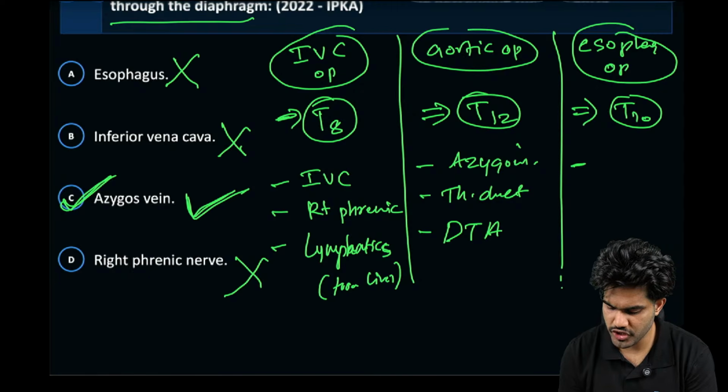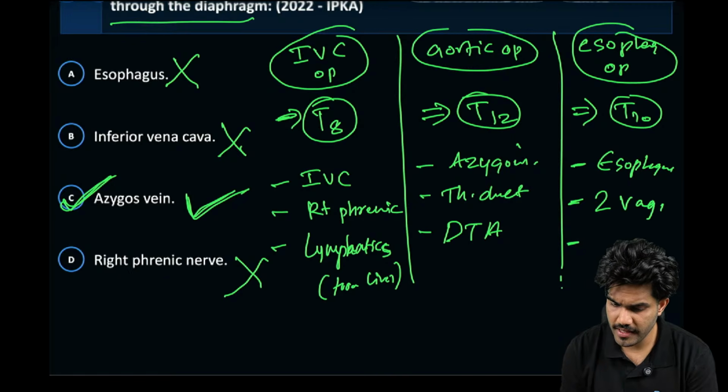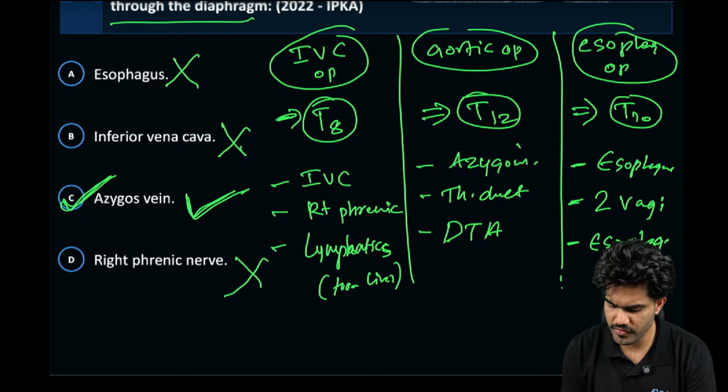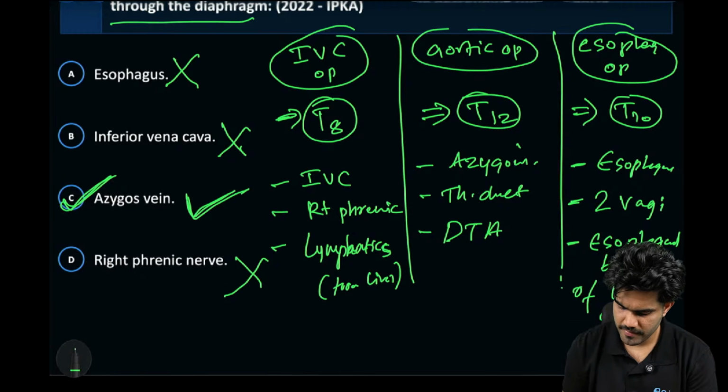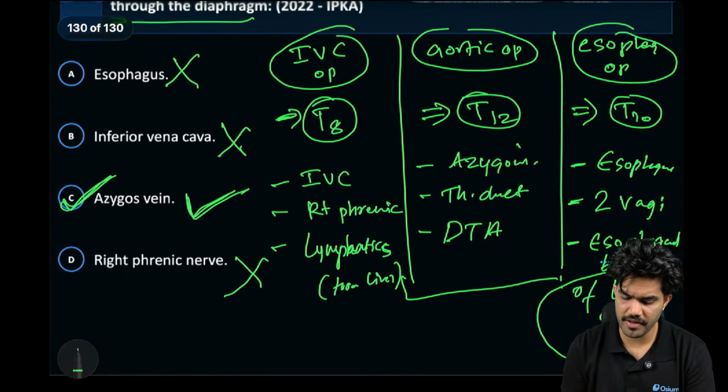And here in the esophageal opening, we have by the name itself the esophagus, two vagi plus esophageal branches of the left gastric vessels. This is the concept you have to remember.